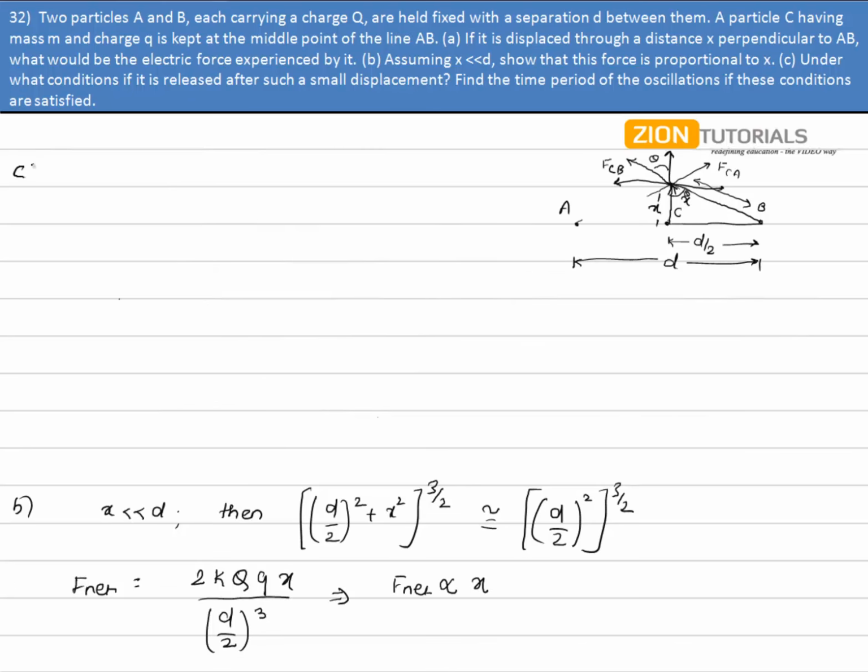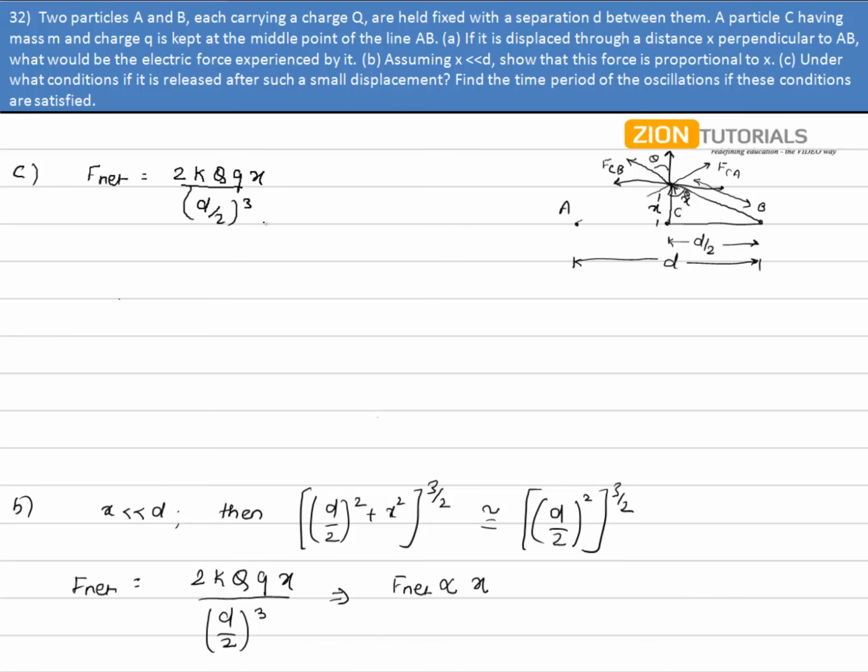In C part, we had to calculate the condition that if it is released after such a small displacement, then what will be the time period. Now we calculated in the second part that F net is given to me by 2 times K capital Q small q into small x whole divided by d by 2 whole cube.